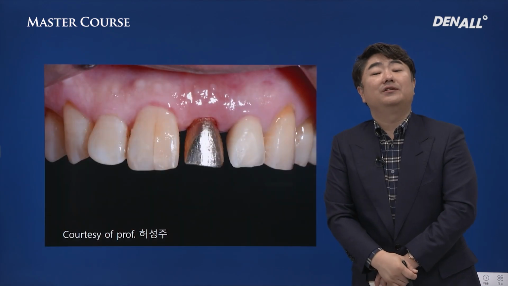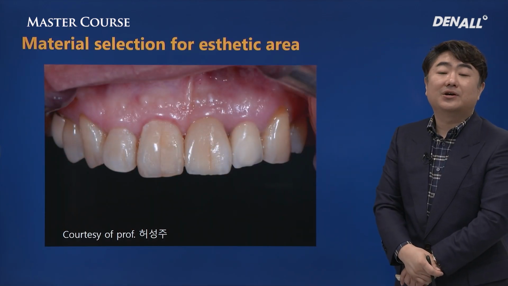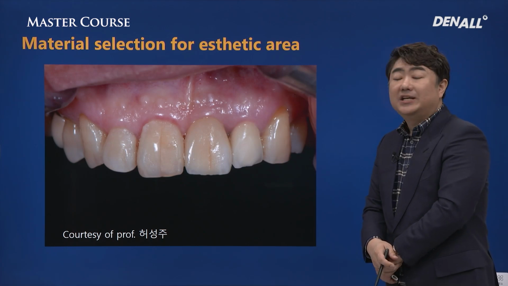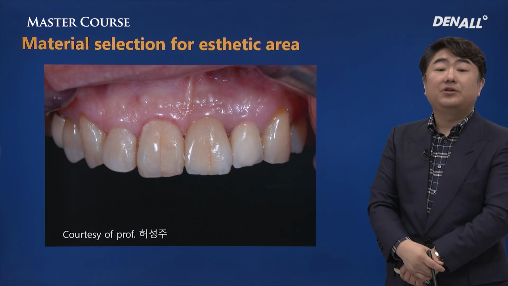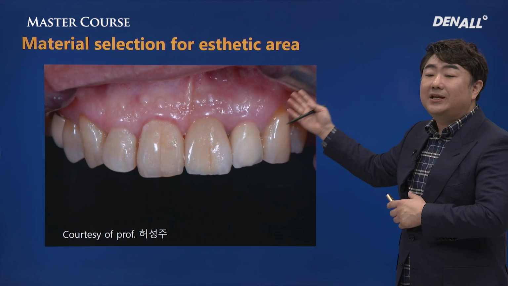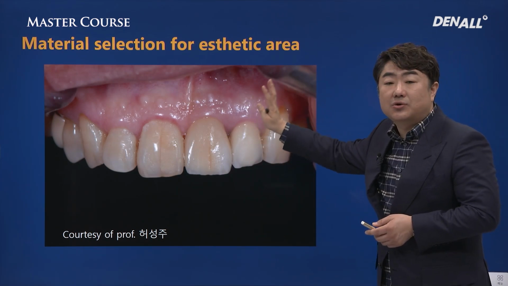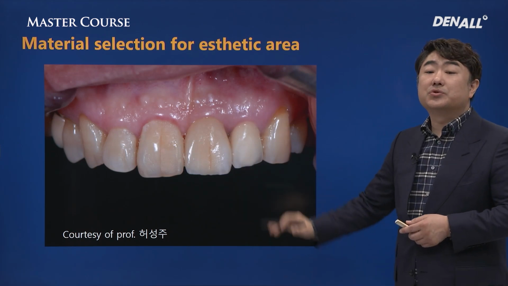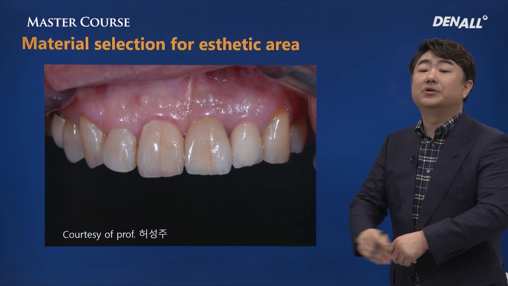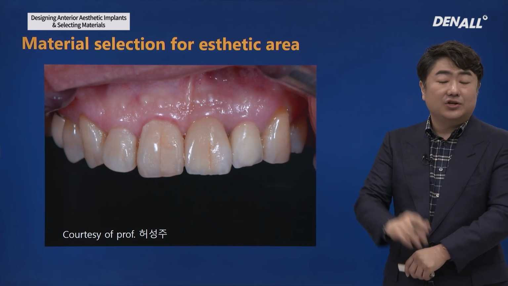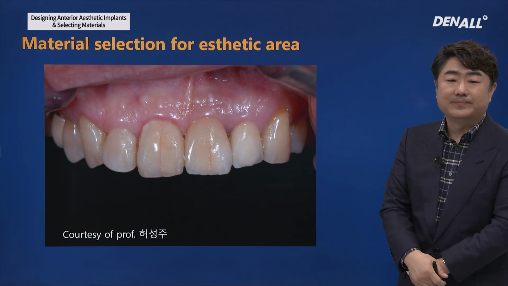A lot of people prefer internal type all ceramic crowns these days in terms of aesthetics more than the material itself. The surgeon's understanding of the case, positioning the implant accurately, and designing the prosthesis appropriately is more important than material selection. Please bear this in mind.